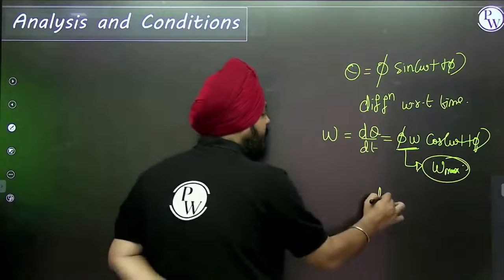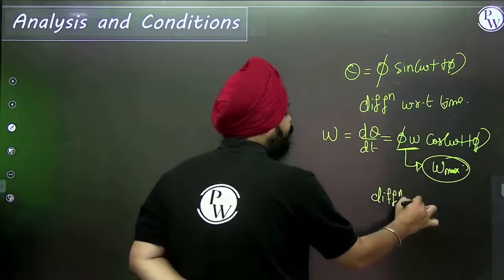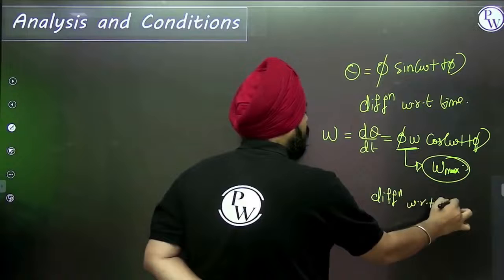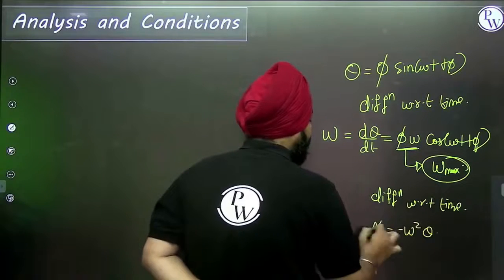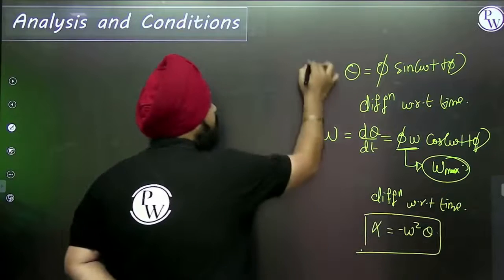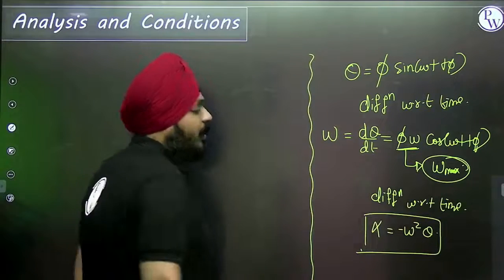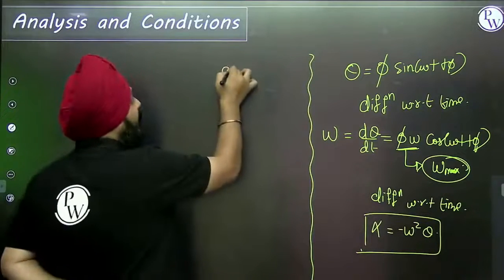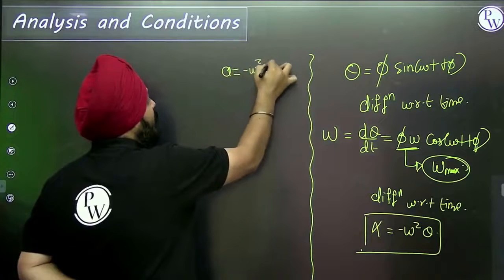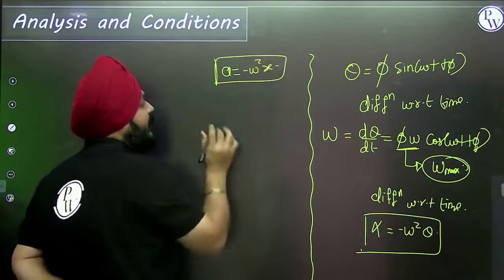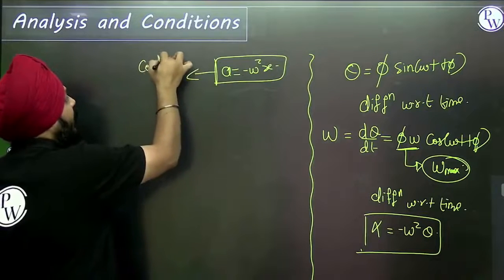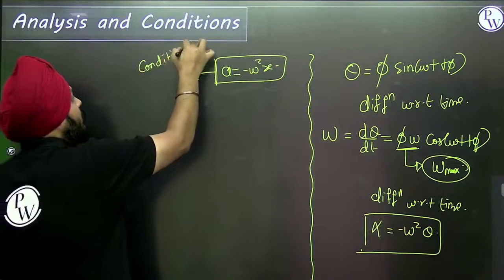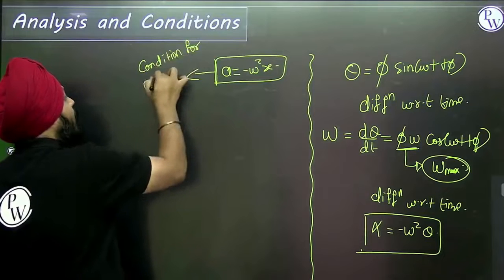Again, differentiating this equation with respect to time, we get alpha equal to minus omega square theta. This is the condition. We had one condition: if the particle satisfies the equation a is equal to minus omega square x, we can say it is the condition for the particle to perform SHM.